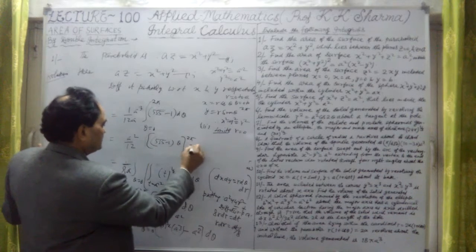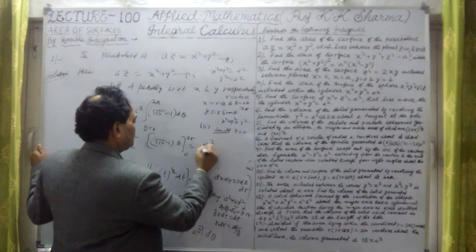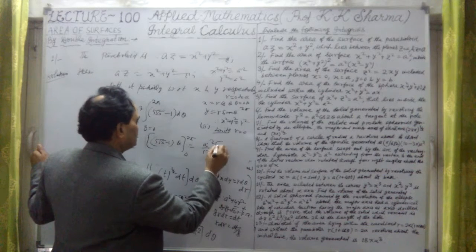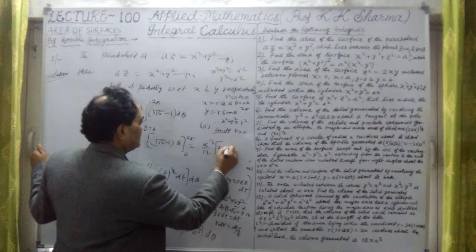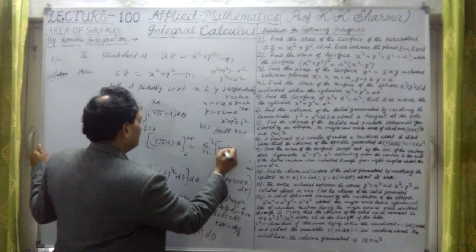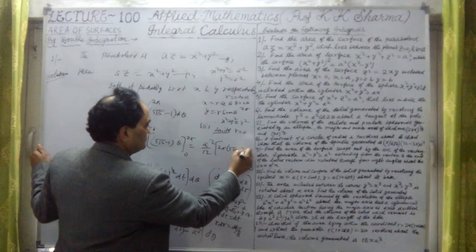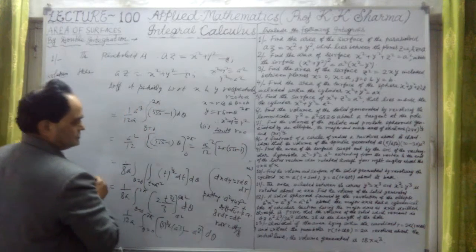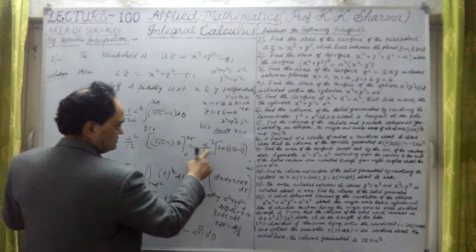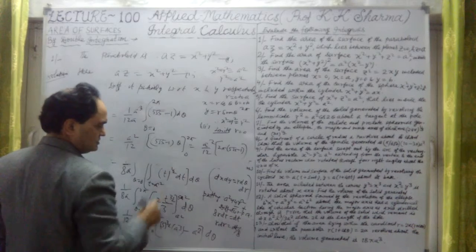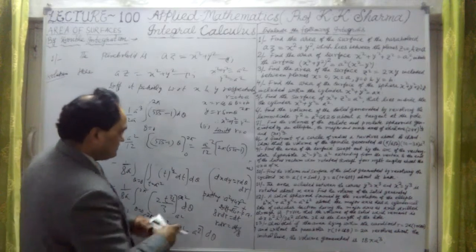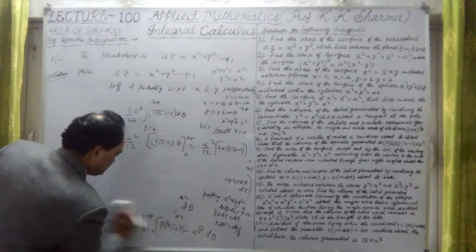So it will give us a square upon 12, in bracket 2 pi into 5 under root 5 minus 1, and the second will be 0. This is the value here. So 2 pi upon 12 means pi a square upon 6 into 5 under root 5 minus 1. So that is the answer here.